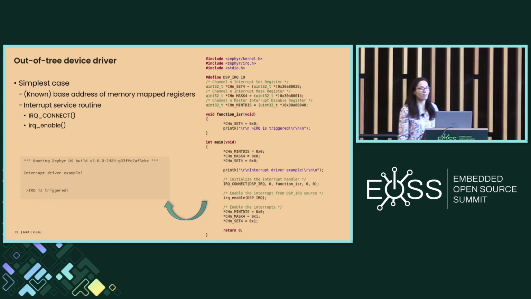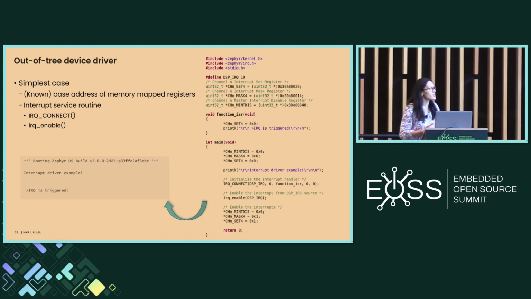We can also have out-of-tree device drivers. And I have there on the right the source code of a proof of concept of an interrupt controller for IRQ_STEER. IRQ_STEER is an interrupt controller on the DSP subsystem of i.MX 8ULP.